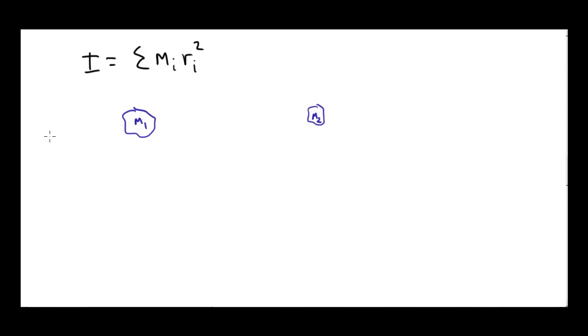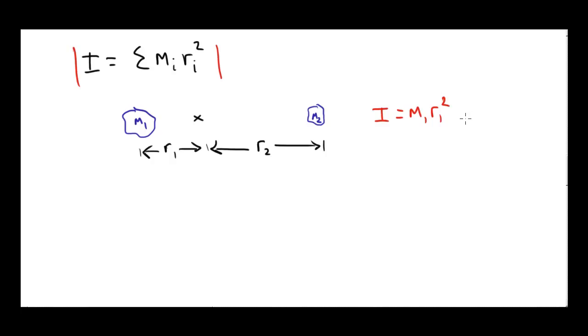And maybe I'm trying to spin these 2 objects about a point. Let's say I'm trying to spin them about this point. Here's my axis. In other words, this then is r1, and this is r2, right? So I could easily just apply the equation right here, and it would be relatively easy. I would say that the I here equals m1 r1 squared plus m2 r2 squared.